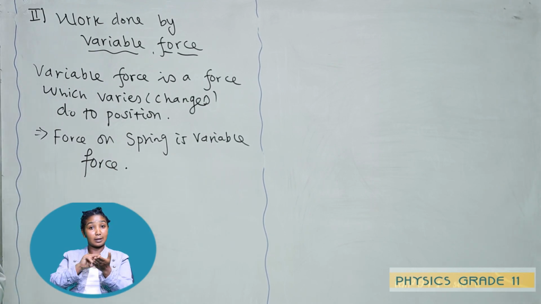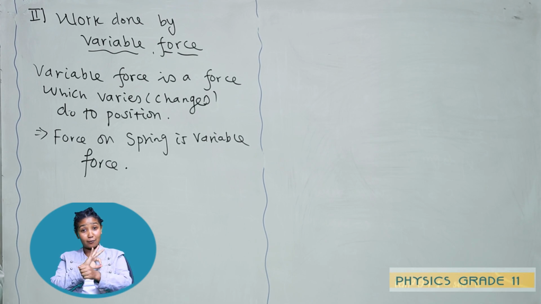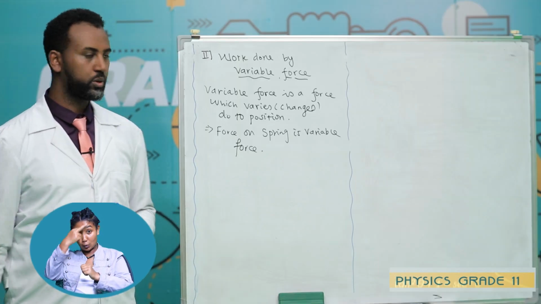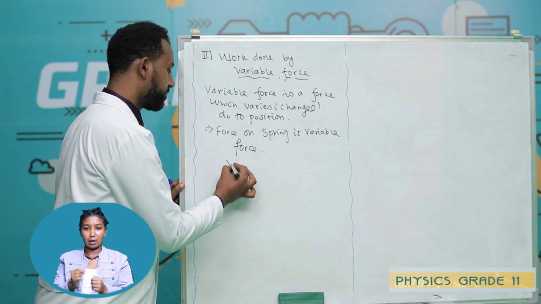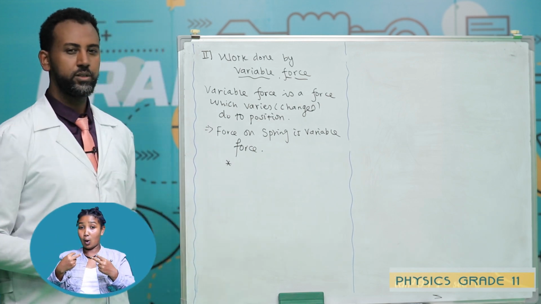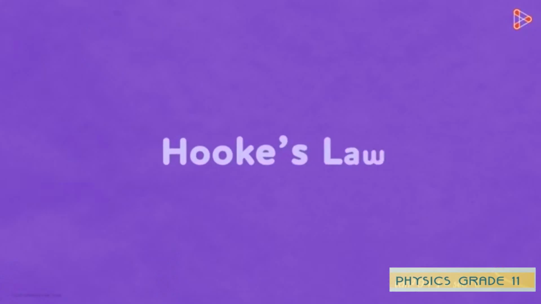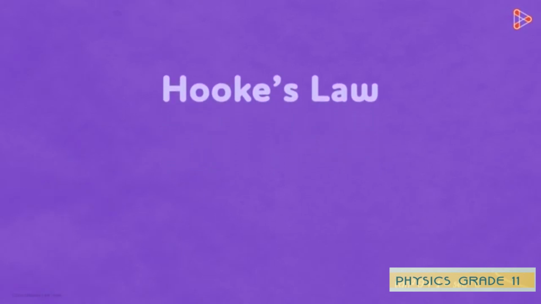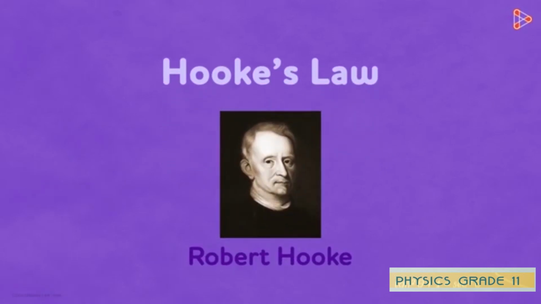That means the applied force varies due to position. I hope in lower grade you have learned about Hooke's law. Hooke's law states that for a given spring, let's take a spring here.